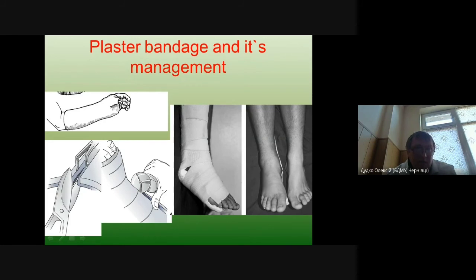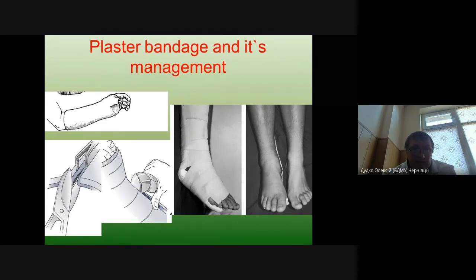Or even if you see that it won't help, you should remove it, because it's much better to remove the POP bandage so fingers will have blood supply and will be alive than to keep a good reduction, but lose the whole arm. So remember first that circular plaster bandage is a very dangerous thing, and it requires continuous care, at least within the first days when the swelling is increasing.